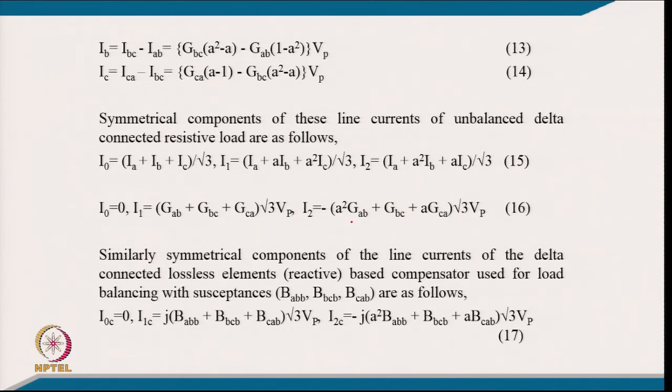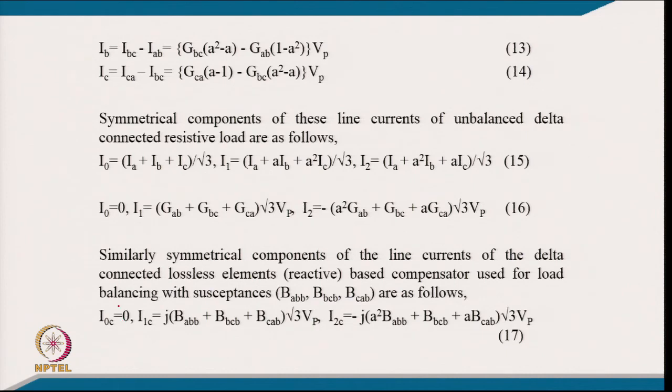Similarly, the symmetrical components of the line current of the delta connected lossless element compensator must be used for balancing the susceptances, and from comparing these two relations, we can find out that the zero sequence of the compensator is 0, because you do not have a zero sequence current, because it is a 3 wire system.